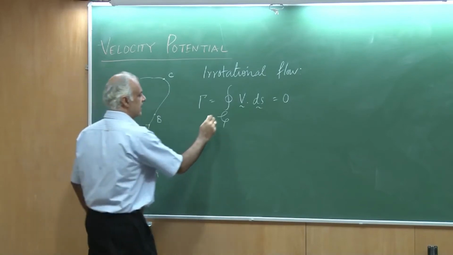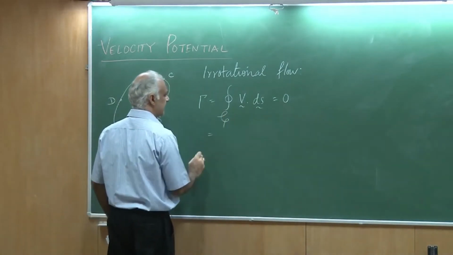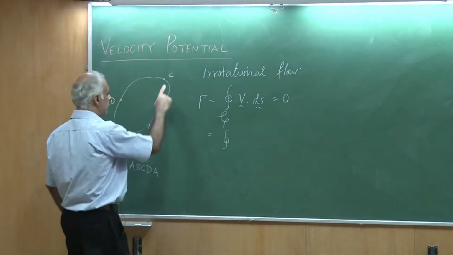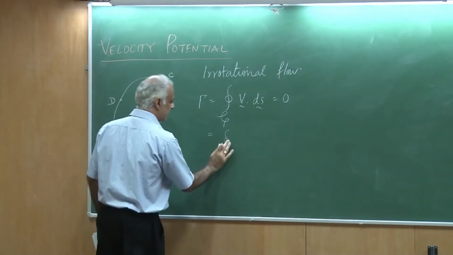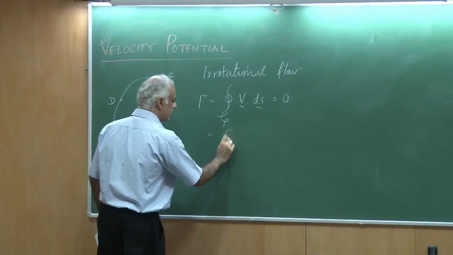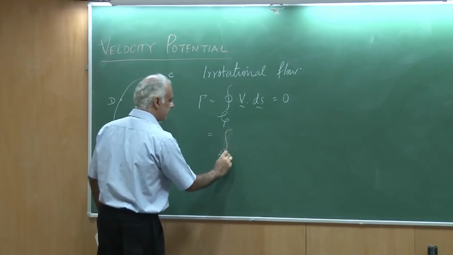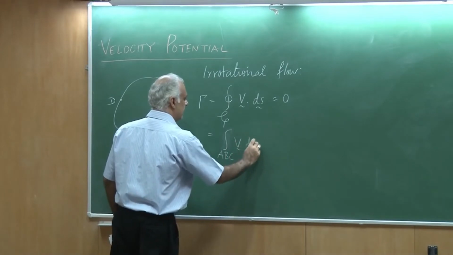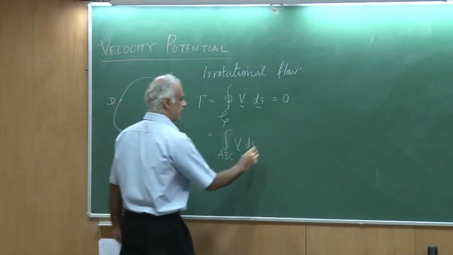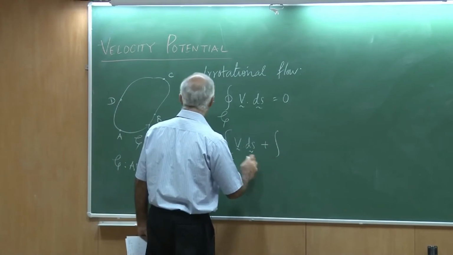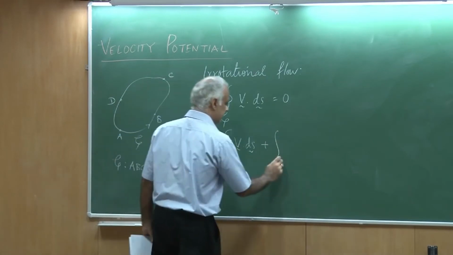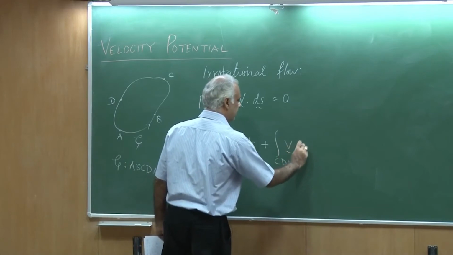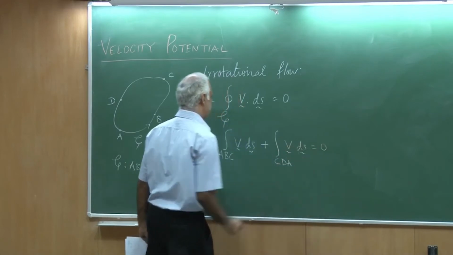What I will do is, I will decompose this integral into two parts, from A through C. So, now it is not a closed curve. It is an integral over A, B, C of V dot ds and then the integral over C, D, A of V dot ds, and this sum is 0.